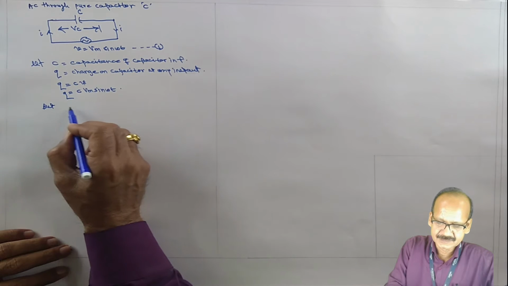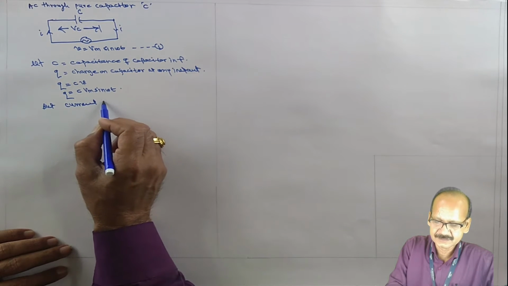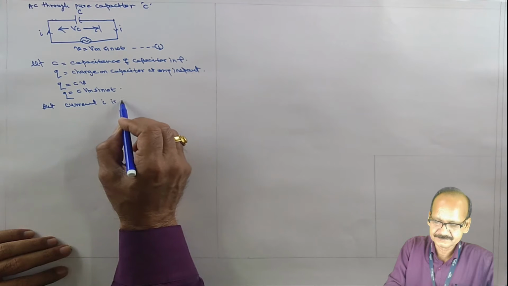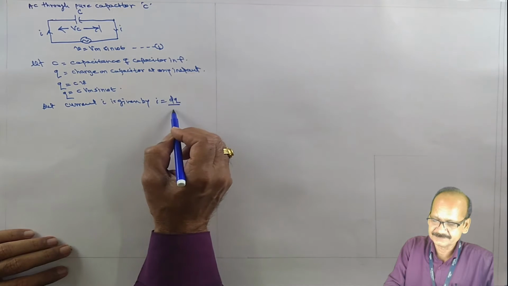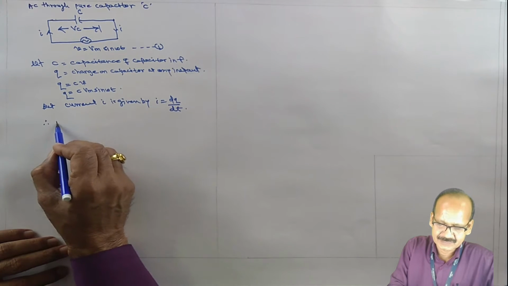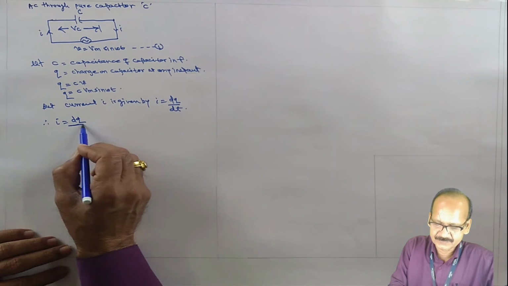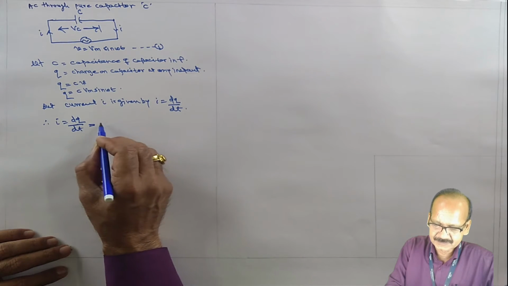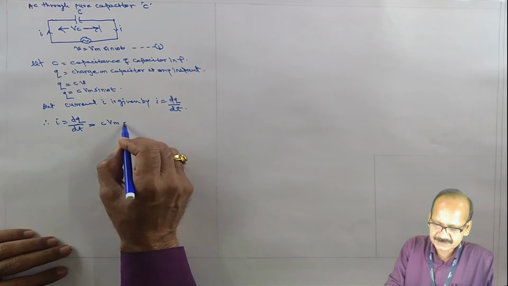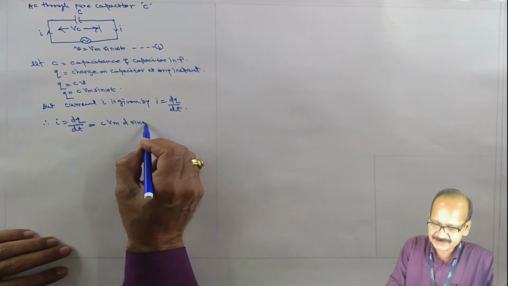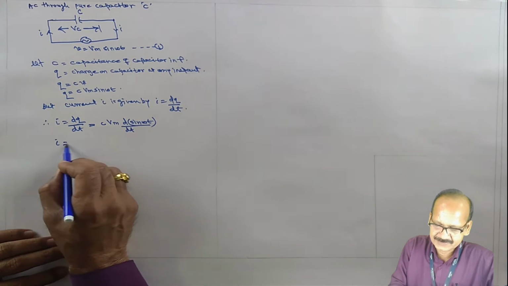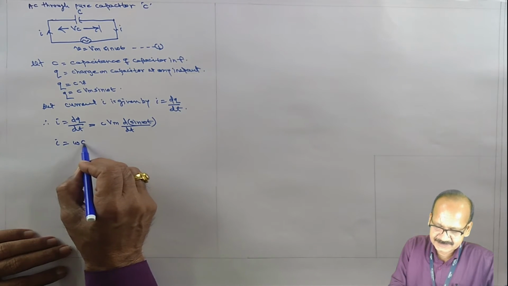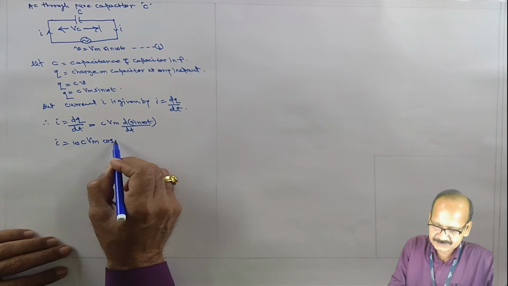But current i is given by i equal to dq by dt. Therefore i equal to dq upon dt equal to C Vm times the derivative of sin omega t with respect to t. So i equal to omega C Vm cos omega t.